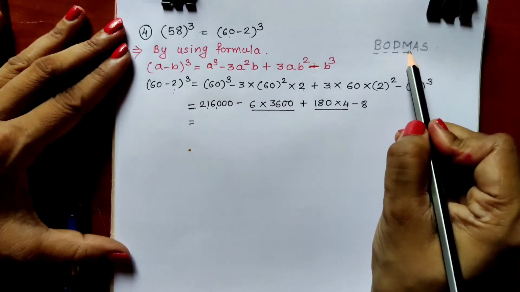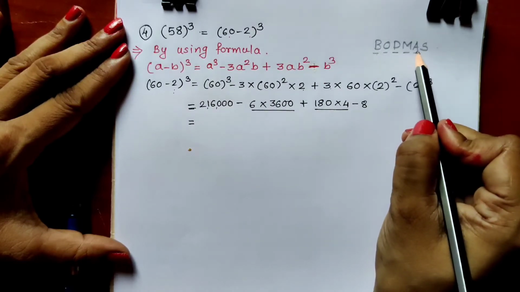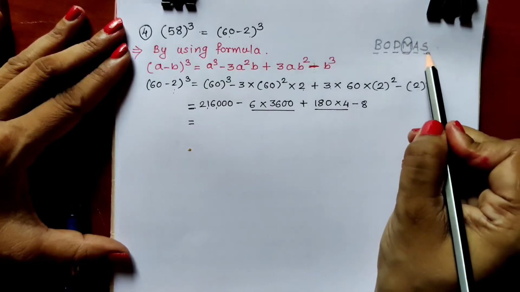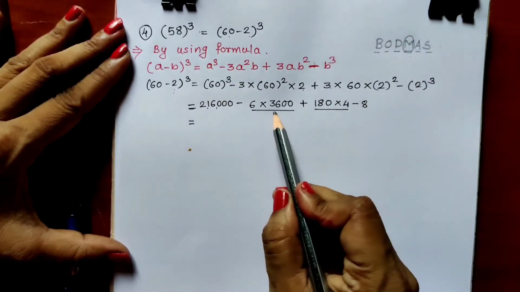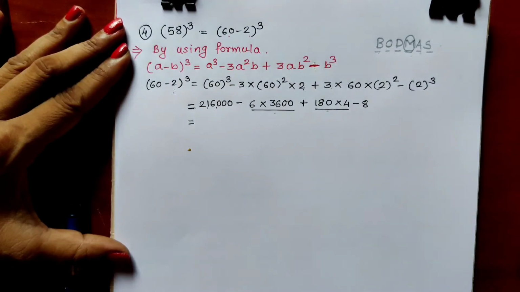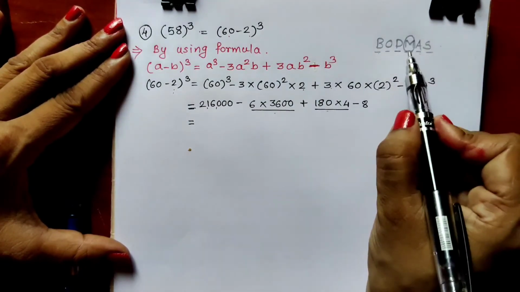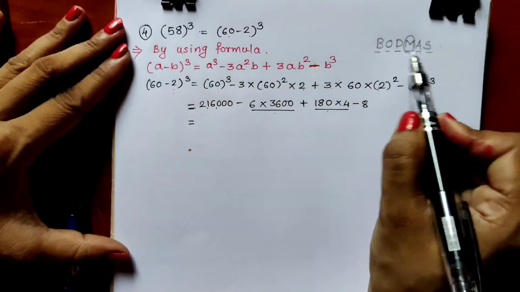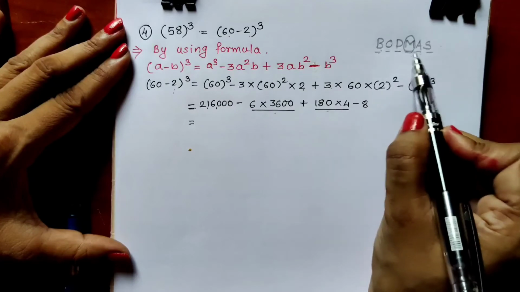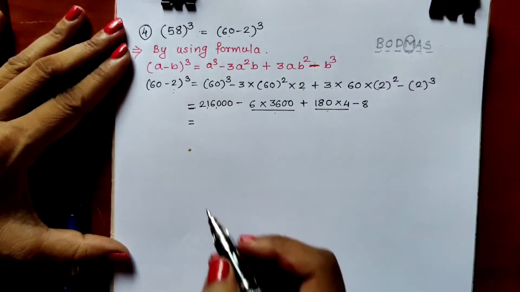Then we will have to solve multiplication. Then we will have to solve addition and then subtraction. So as multiplication, addition and subtraction are there, we will be solving multiplication first and then addition and then subtraction. If you want, you have to remember this rule in this way, BODMAS. So multiplication we will have to solve.